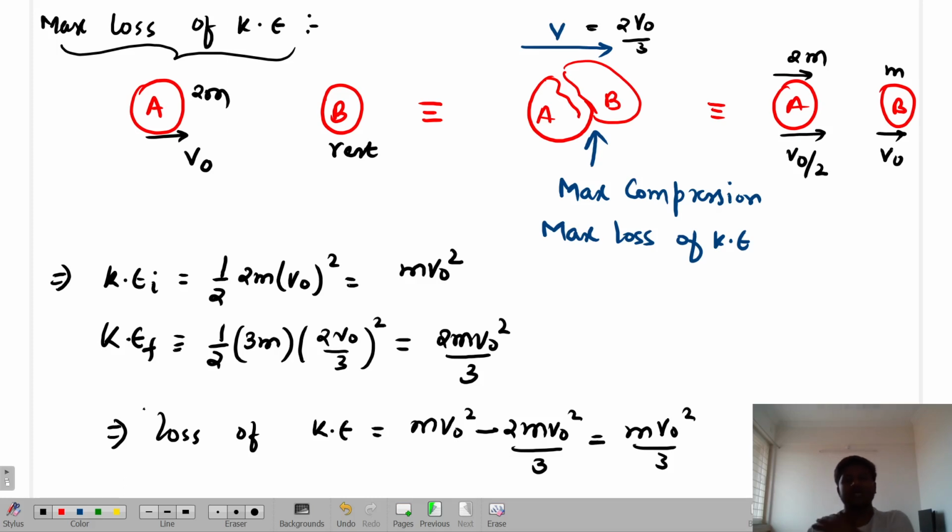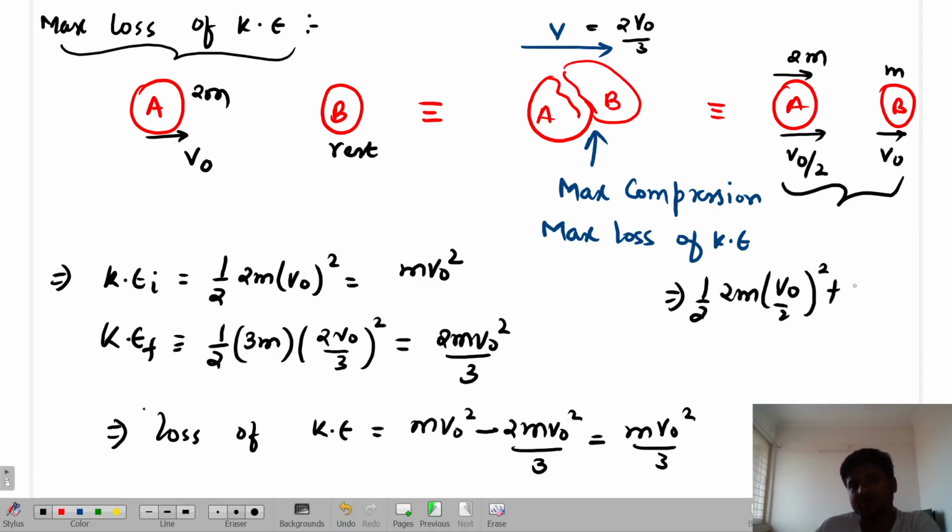Is that clear? Even you can see that when you put this one also, you are going to have the same answer. Are you able to get me? If you put the final kinetic energy as half of twice m into v naught by 2 whole square plus half of mv naught square, this will appear as, I think, twice mv naught square by 3. Let us check that. Is it appearing? Let me check. 2 cancel.